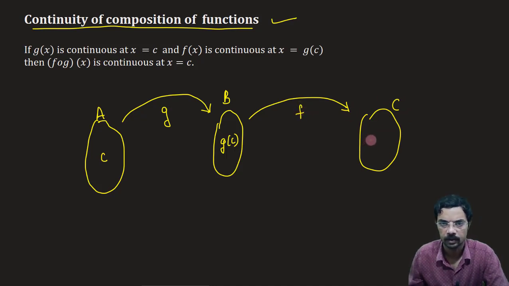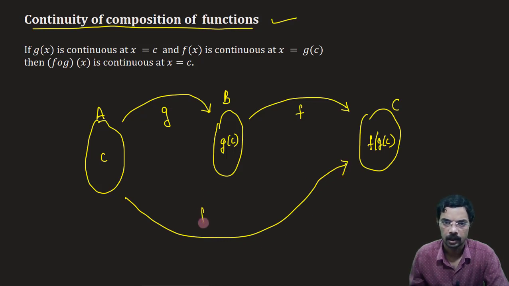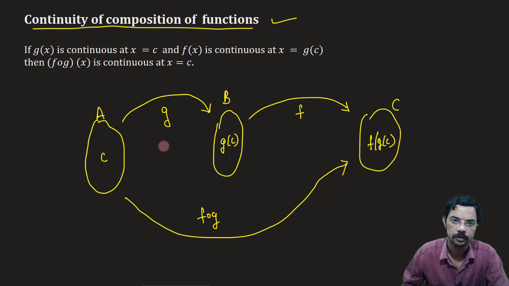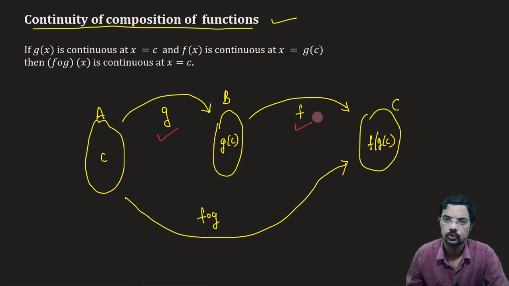So what we have here is f of g of c, correct? The composite function from here to here will be called f o g. Now if g is a continuous function and f is also a continuous function, then f o g is also a continuous function.